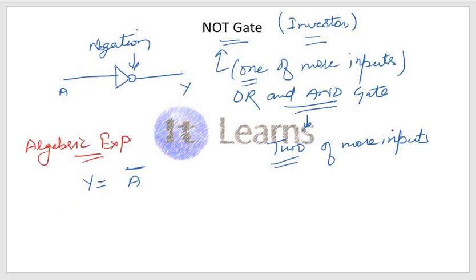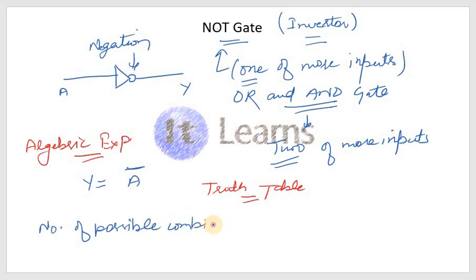And when we come to the truth table of NOT gate, the number of possible combinations is 2 raised to the power n, where n equals 1, that is 1 input.